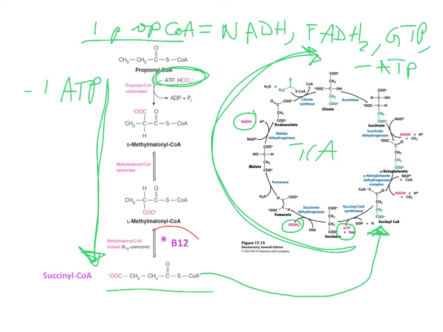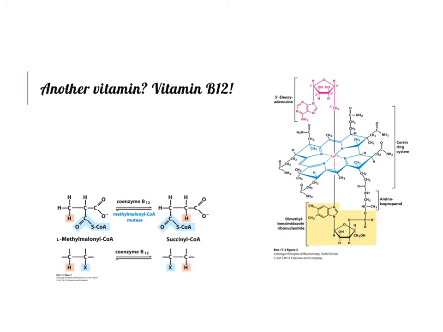And then we meet one more vitamin. So in order to get from propenyl-CoA to succinyl-CoA, we meet vitamin B12. Vitamin B12 is also known as cobalamin, because in the structure of it, yikes, it's huge, right?